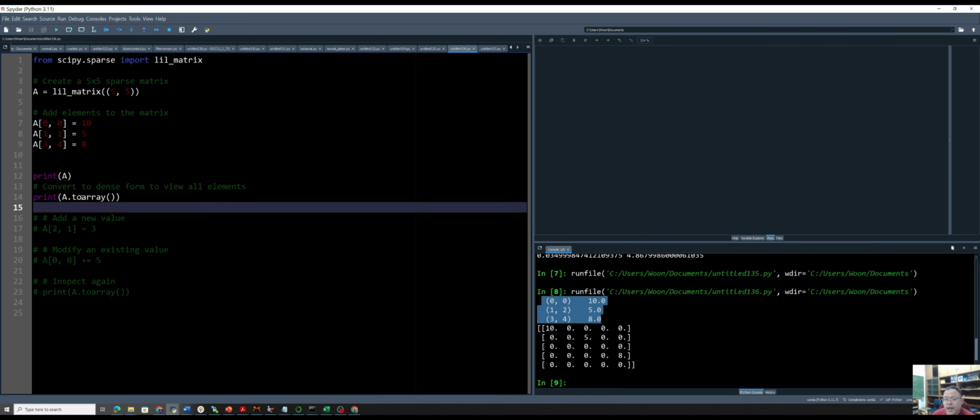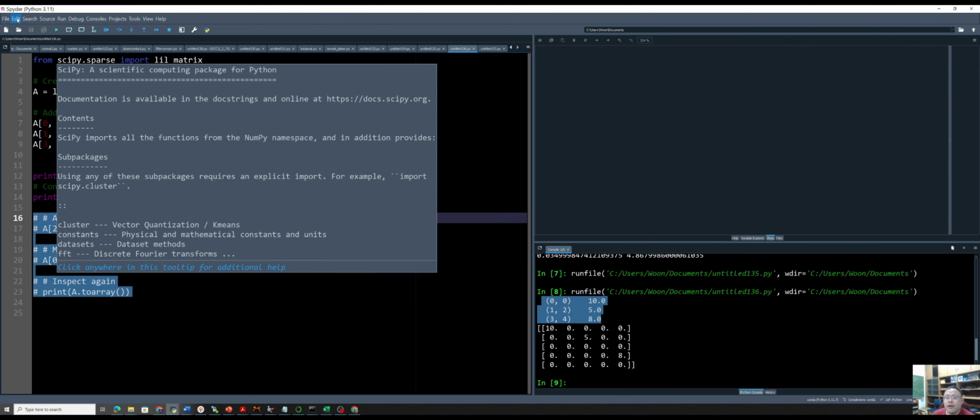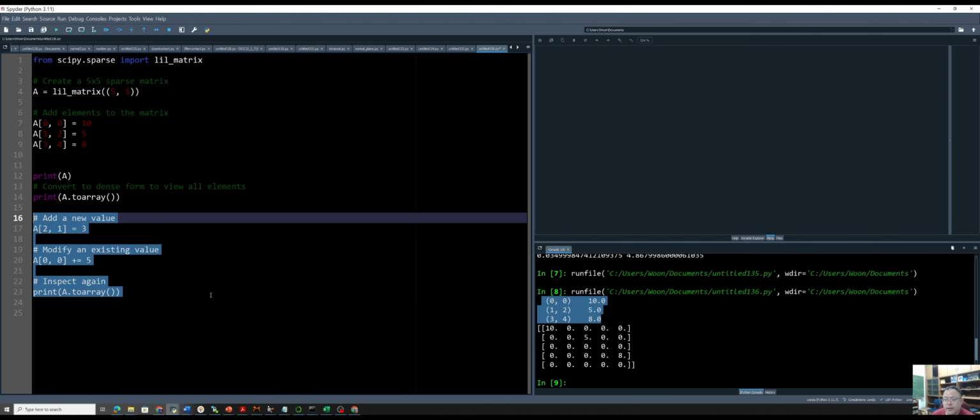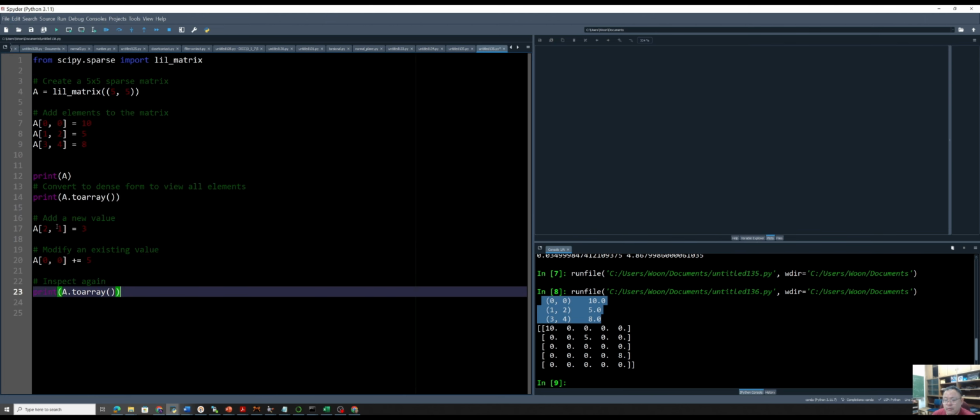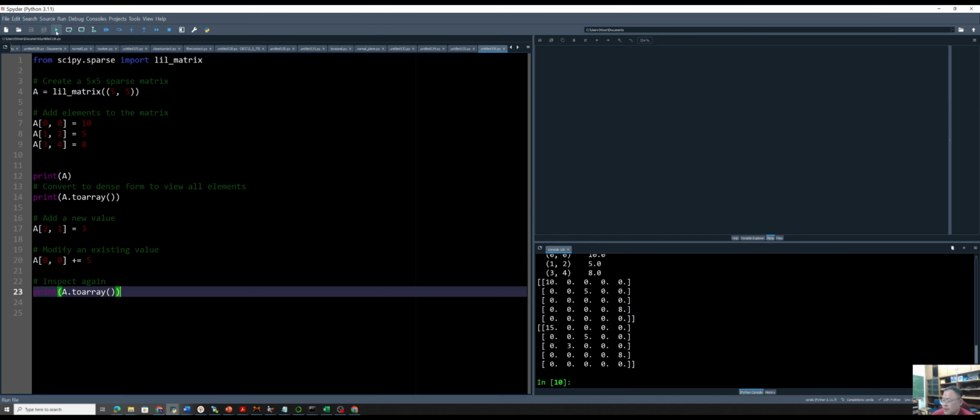So you can convert A to an array, then it will come out like this. Of course, there is an efficient way to add more values. Okay, for example, add this one, plus 5. Okay, so this is a sparse matrix.